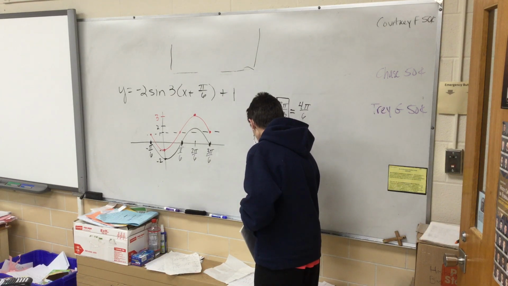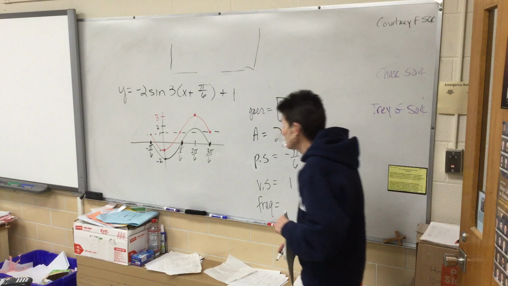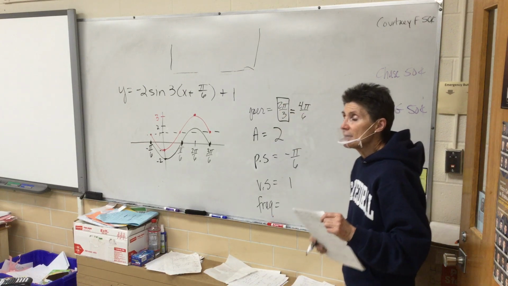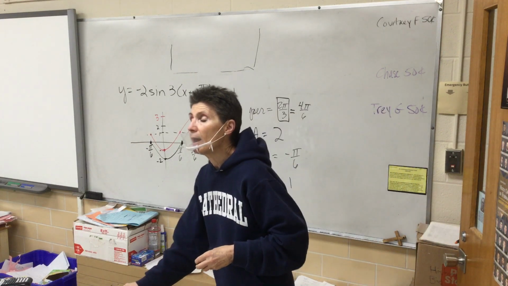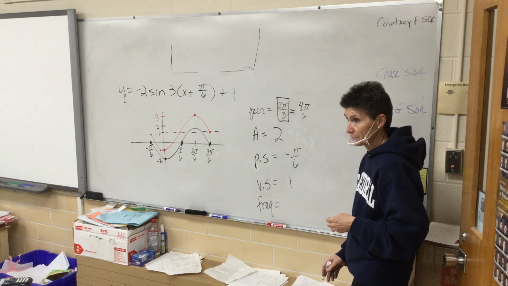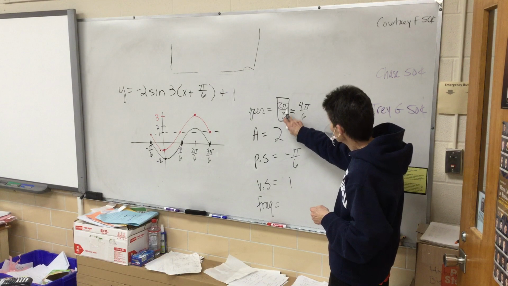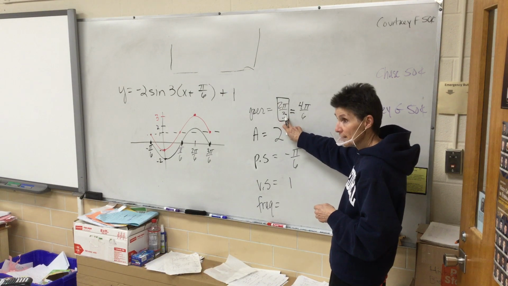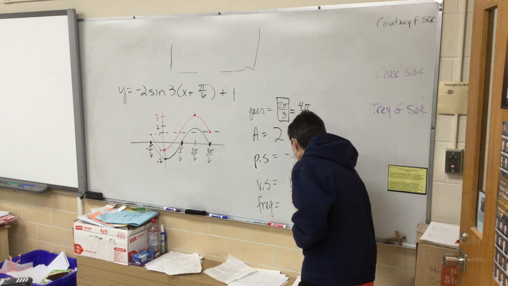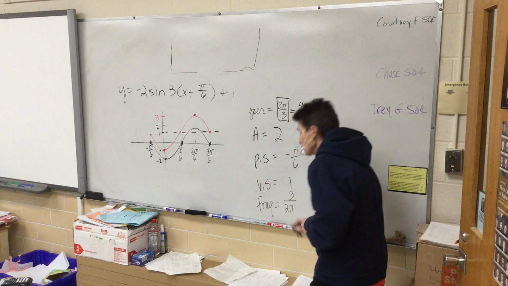Frequency. Frequency is the reciprocal of the period. The reciprocal of the period. So my period is 2 pi over 3. So the frequency is 3 over 2 pi.